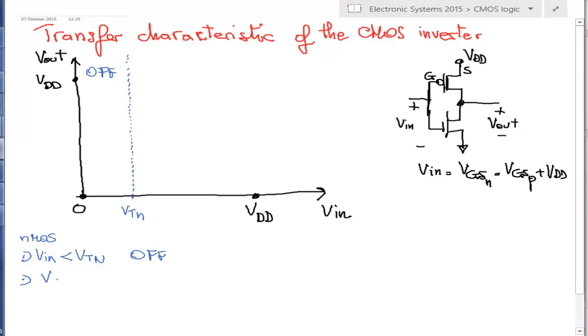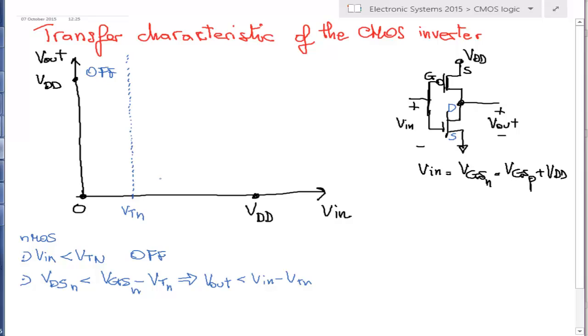You remember that we are in the ohmic region if VDS-N is smaller than VGS-N minus VTN. This means VDS, if you look here, is V out, and VGS is V in minus VTN. So V out smaller than V in minus VTN.